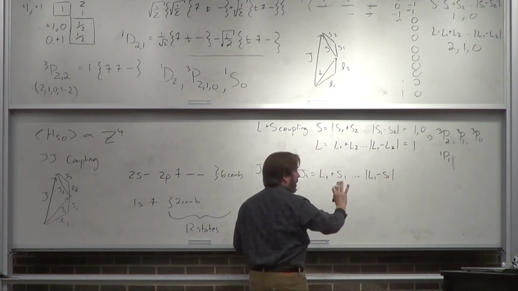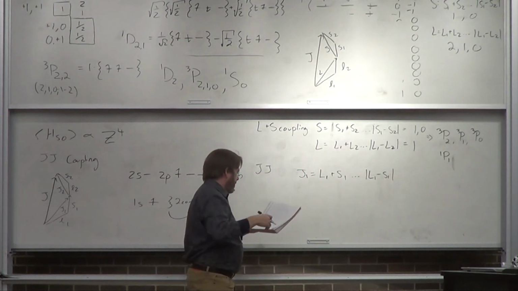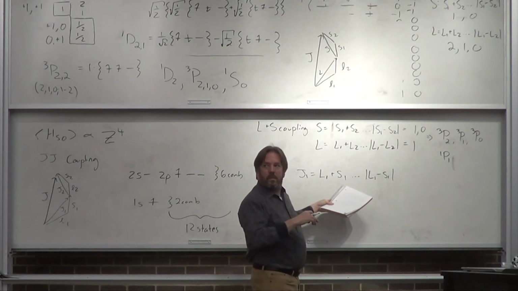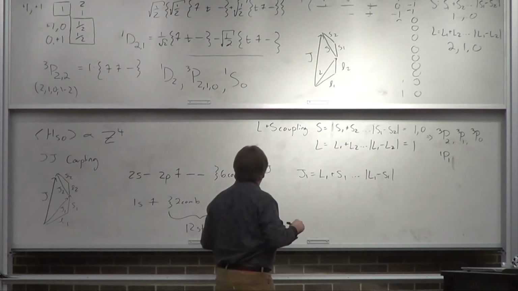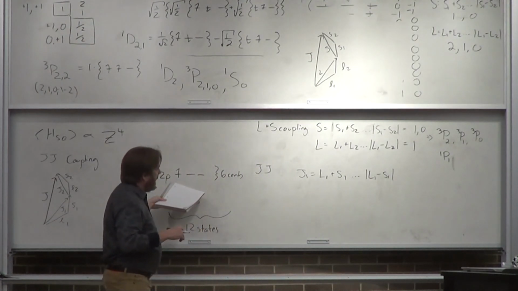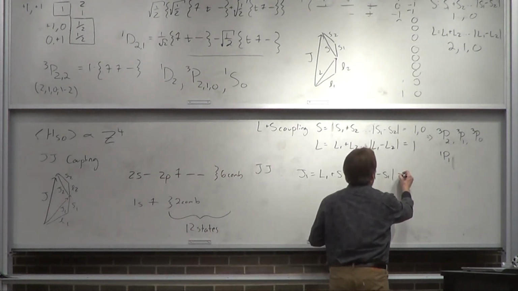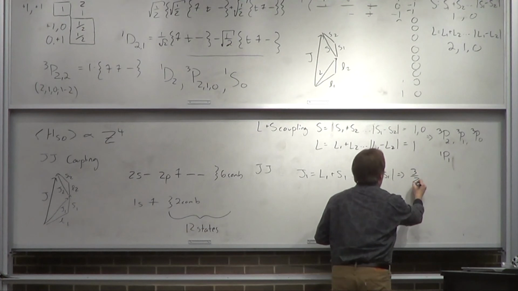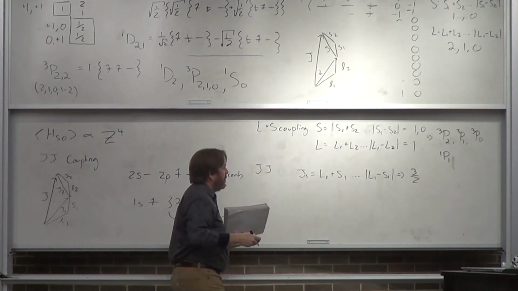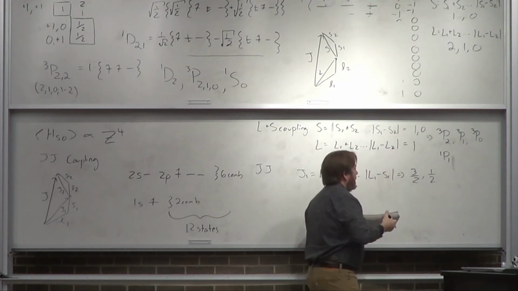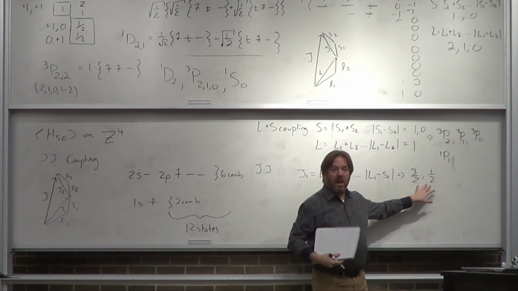It's arbitrary, by the way, which one you do because of the absolute value. You could say S1 minus L1, it doesn't matter. What do you get? 1 plus a half. It's a p state, L is 1, S is a half, so that would be 3 halves. Then 1 minus a half would be 1 half.